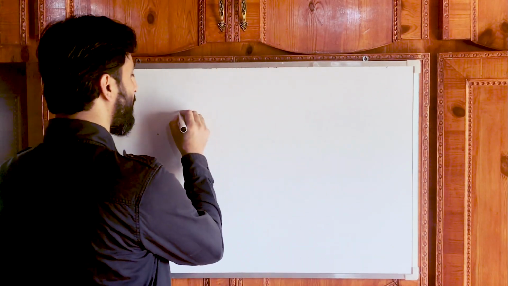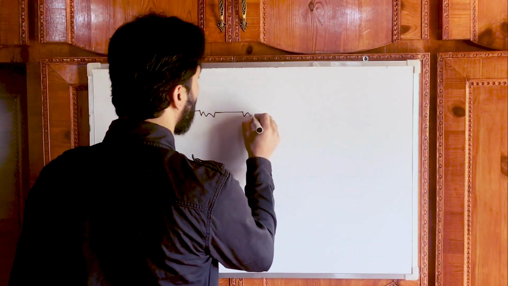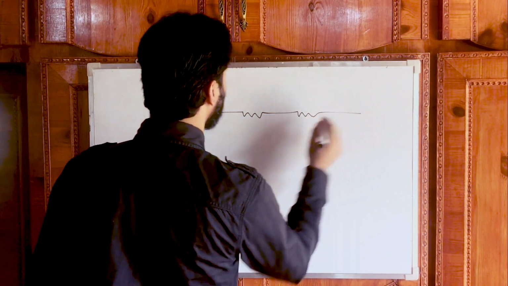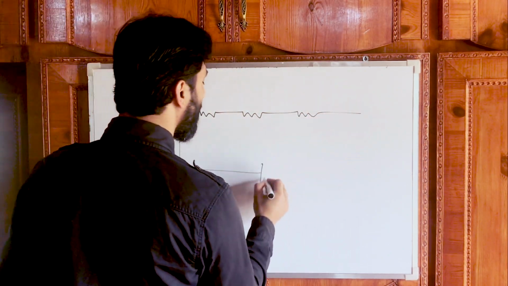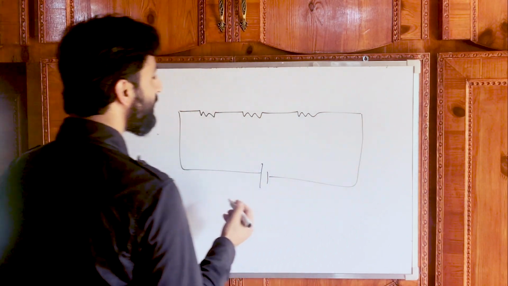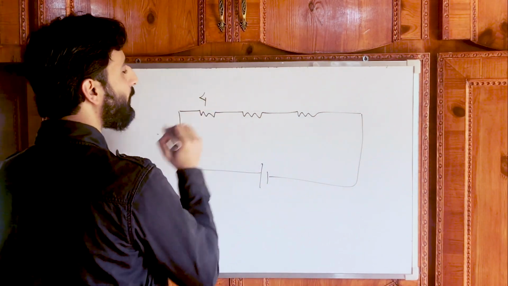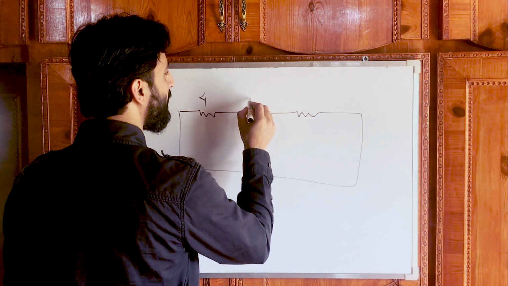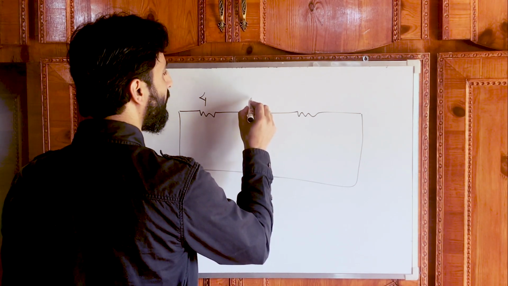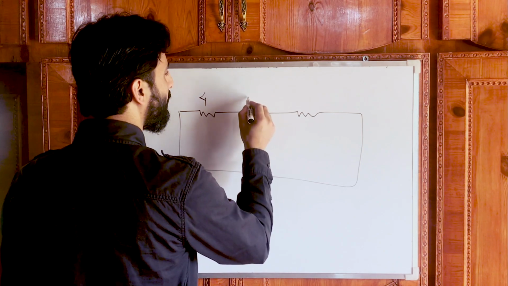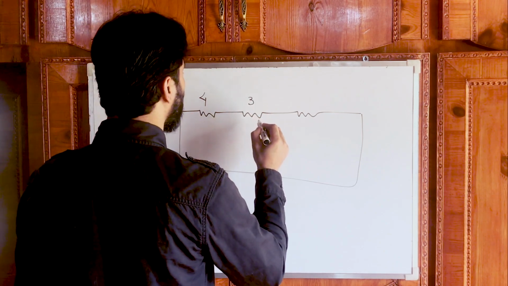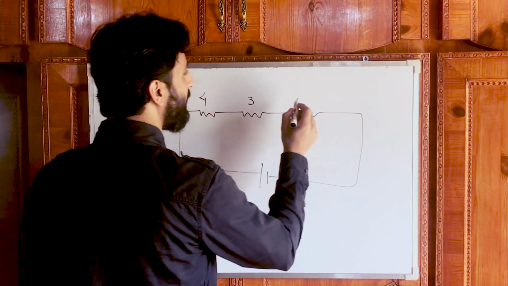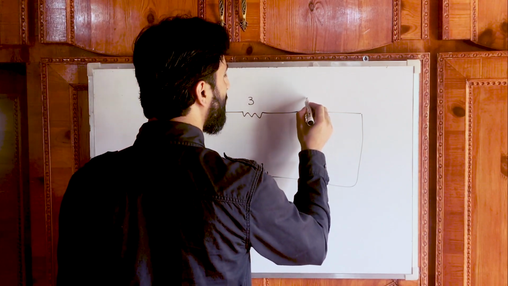For example, if we start with this problem, if we have three resistances, maybe this one is 4 ohm, this one is 3 ohm, and this one is 6 ohm.